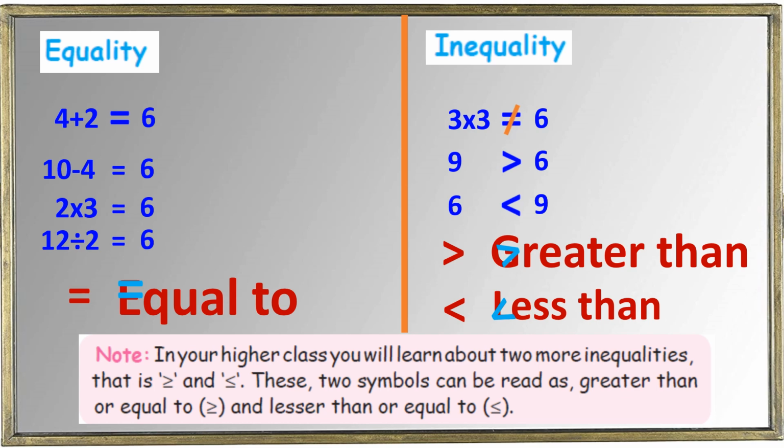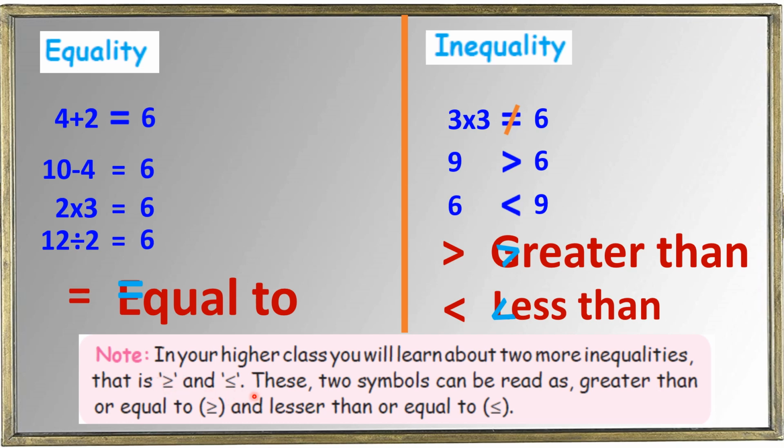So come to the note mark: in your higher class you will learn about two more inequalities. How many? Two more inequalities. Look at this. This is one and this is the second one.